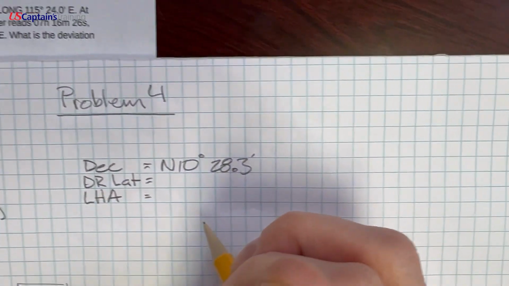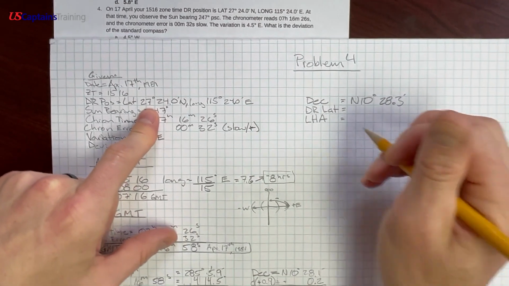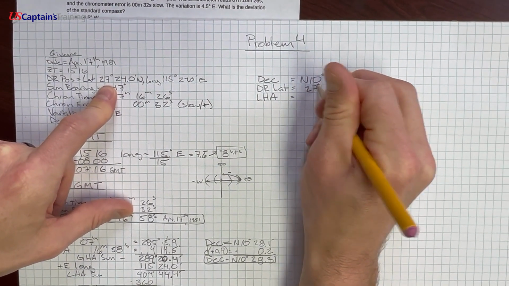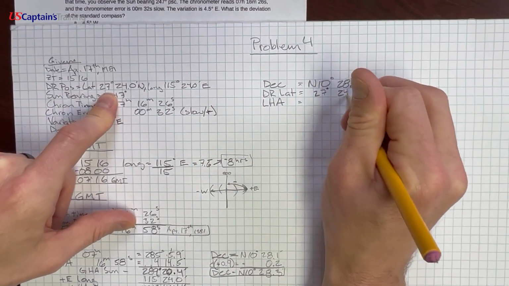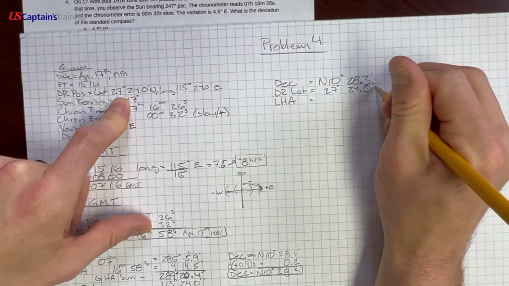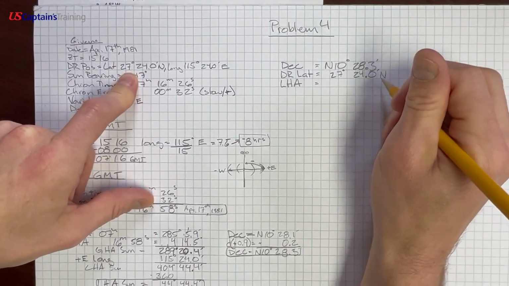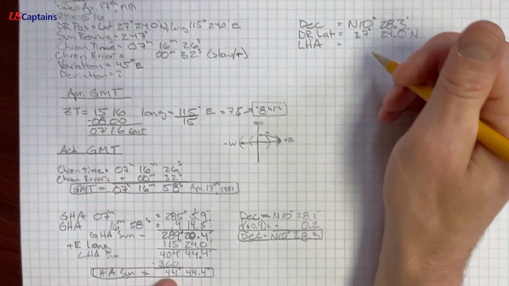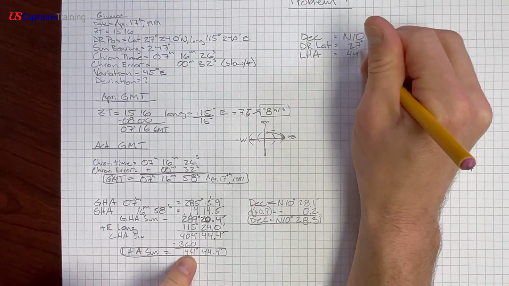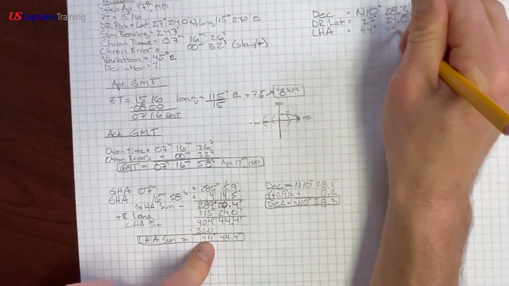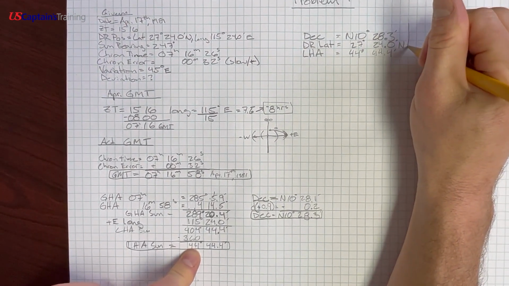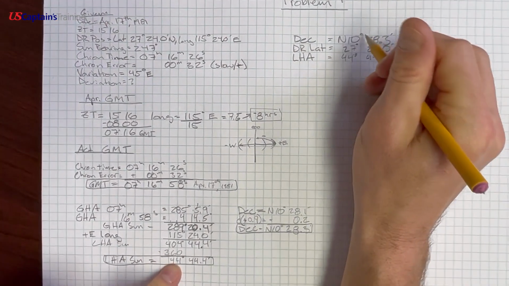And then our DR lat is 27 degrees, 24.0 minutes north. It's important. And then LHA, 44 degrees, 44.4 minutes.